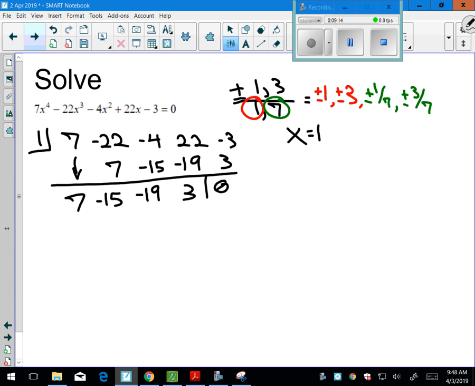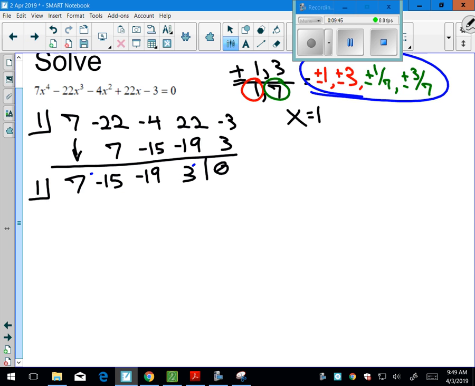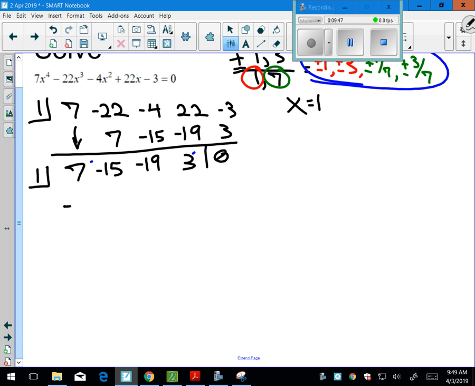I run into that same outcome of I have a 7 and I have a 3, where 3 is my constant and 7 is my leading coefficient. So I'm still working with these, what are they, 8 possible roots. Since 1 worked the first time, let's see what happens if I do this again. Here we go.